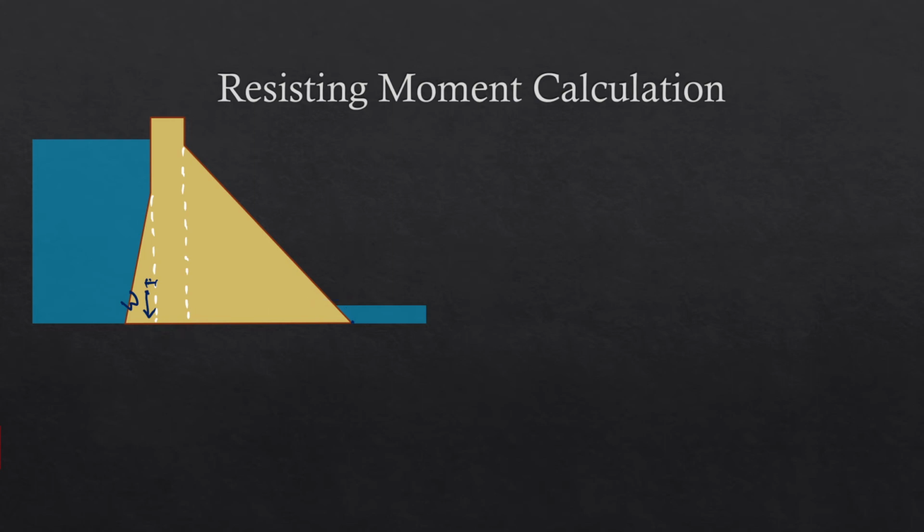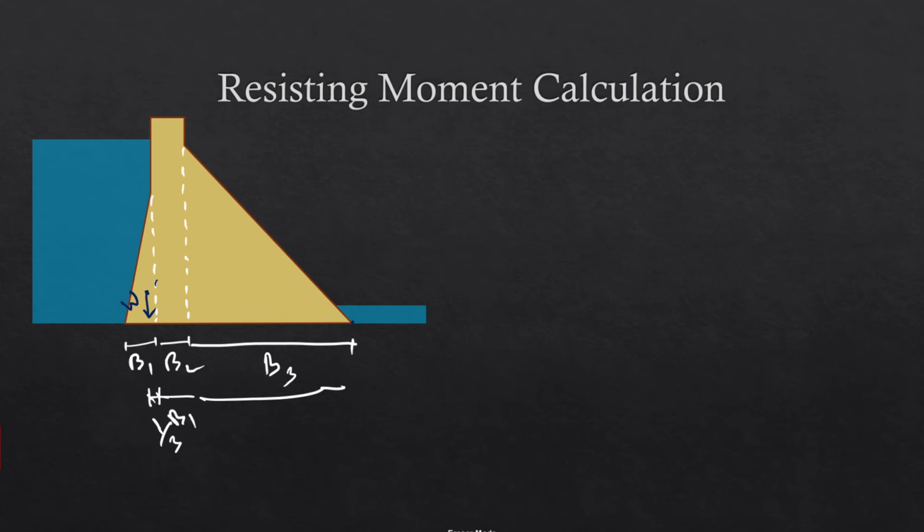So the width of the dam we are also going to divide into convenient parts, that is this one, and this one. So let's call them B1, B2 and B3. So W1 will be acting at a distance B3 plus B2 plus this small portion of B1, which is 1/3 of B1.